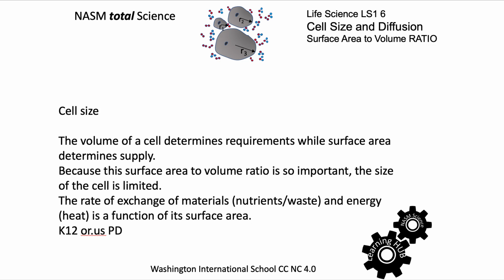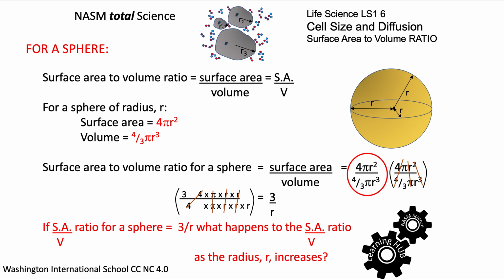So the rate of exchange of materials, and indeed energy, is a function of its surface area. And so for a sphere, not that all cells are spherical, the surface area is 4 pi r squared, and the volume is 4/3 pi r cubed.